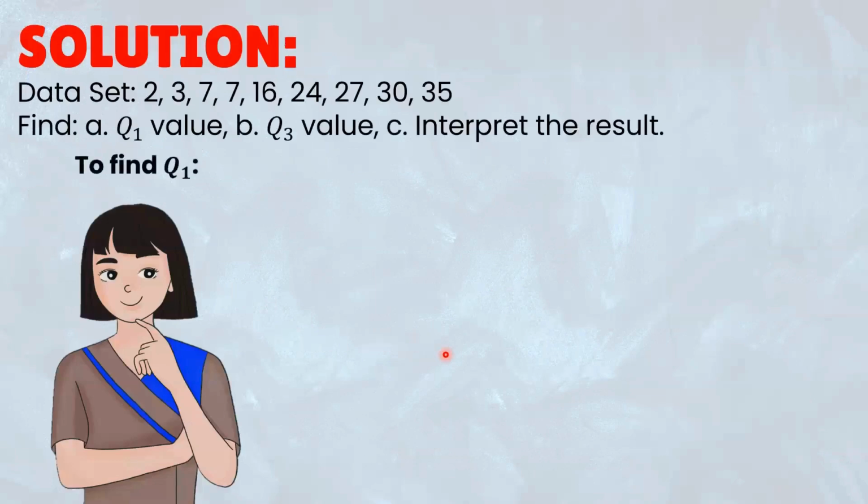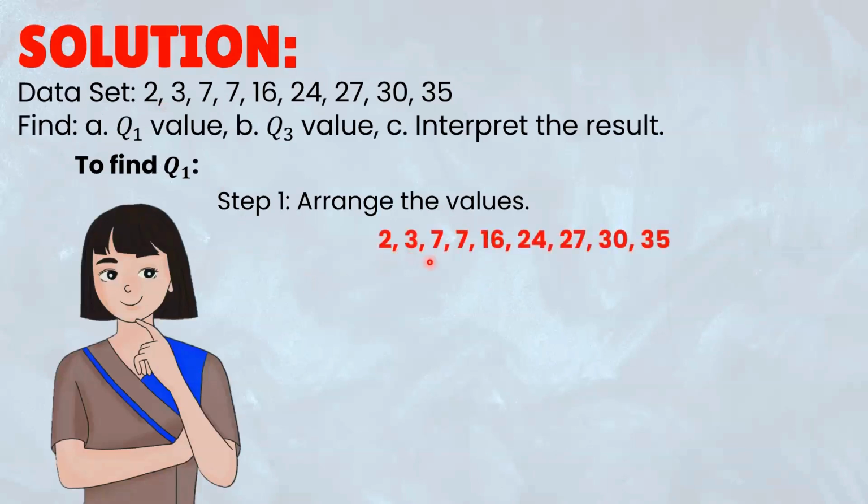Okay. So let's first find the quartile 1 value. Step 1, of course, we have to arrange the values. We are lucky because our values are already arranged. So we simply copy: 2, 3, 7, 7, 16, 24, 27, 30, and 35.